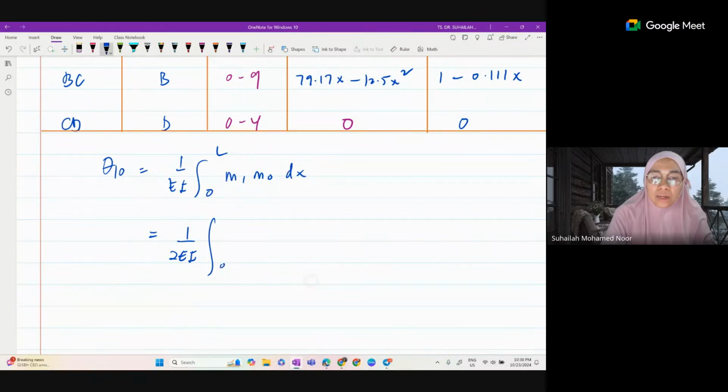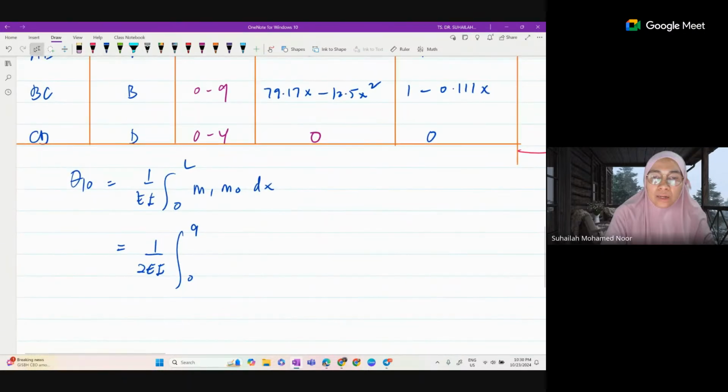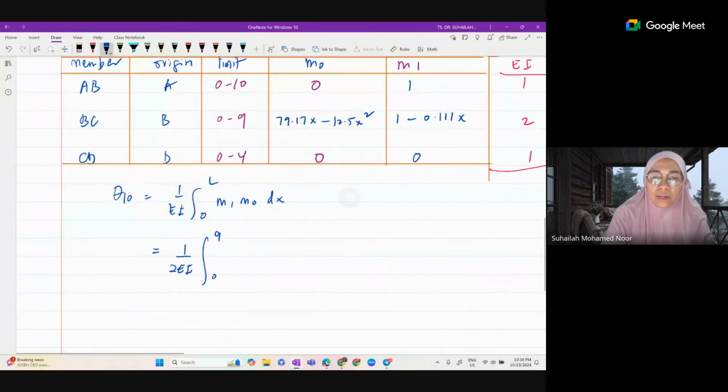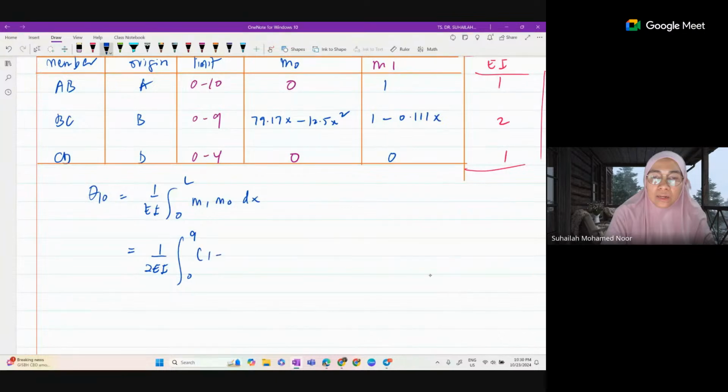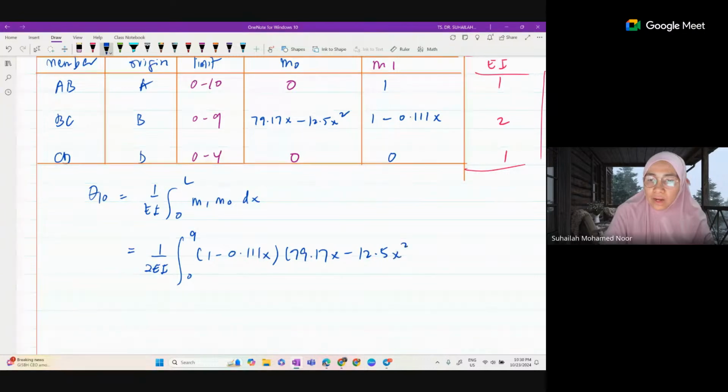The limit is 0 to 9. And the equation is M1 M naught. M1 is 1 minus 0.111x and M naught is 79.17x minus 12.5x square dx.